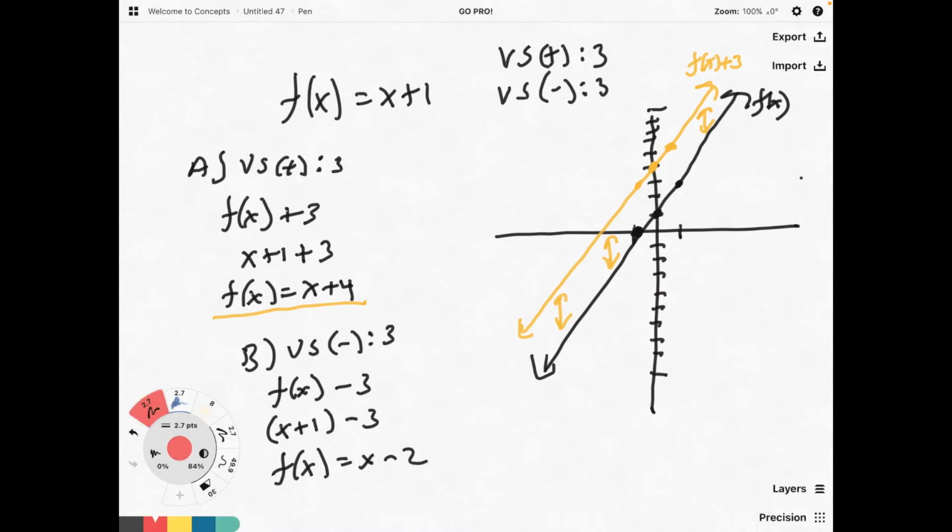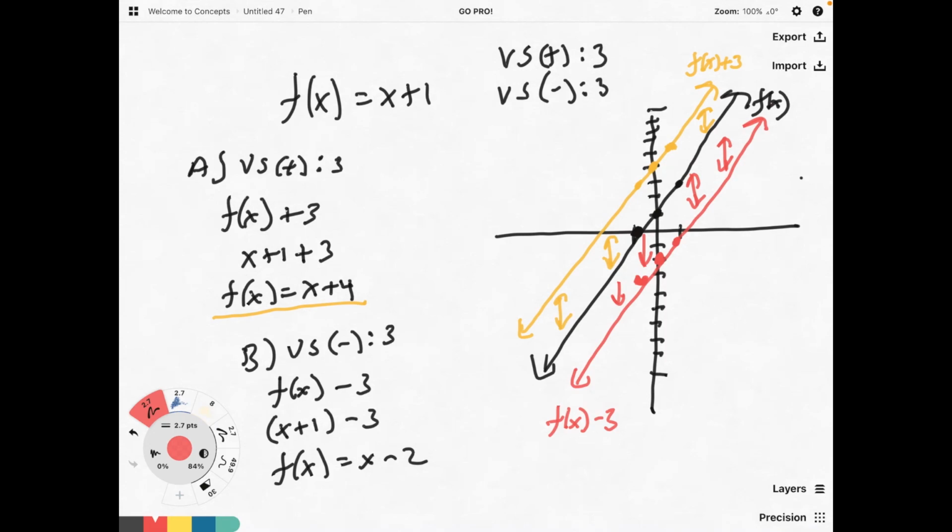When we plug in 0, we're going to get negative 2. When we go over to the right 1, that's going to give us a negative 1. And if we go to the left negative 1, that's going to give us a negative 3. When we graph this, we see that this is the function f of x minus 3. And this indicates that from our original function, all points are shifted down 3 in the negative direction.